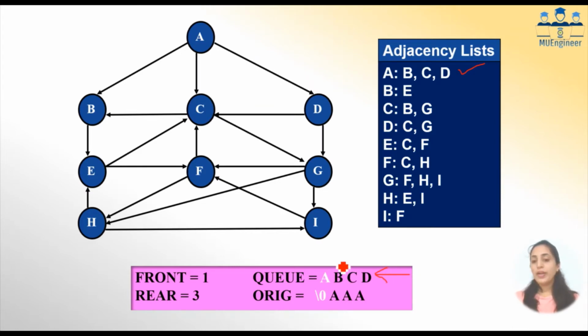Now my front is pointing to B and rear is pointing to D. That means front is at location 1 and rear is at location 3. If this is an array with locations 0, 1, 2, 3, then front is incremented by 1 and rear is now pointing to 3, after adding B, C and D.